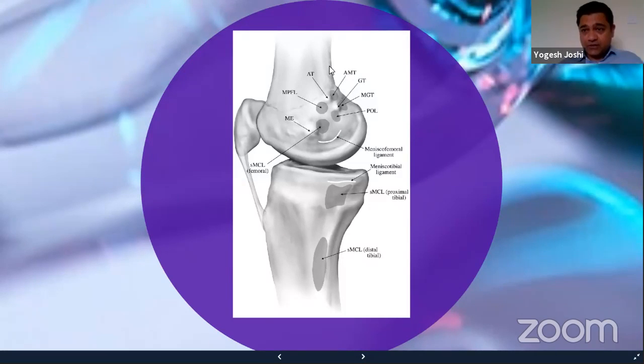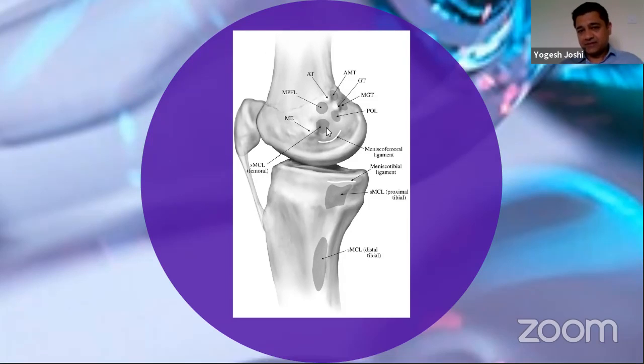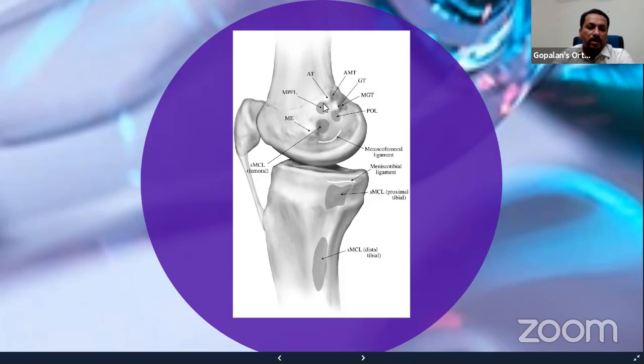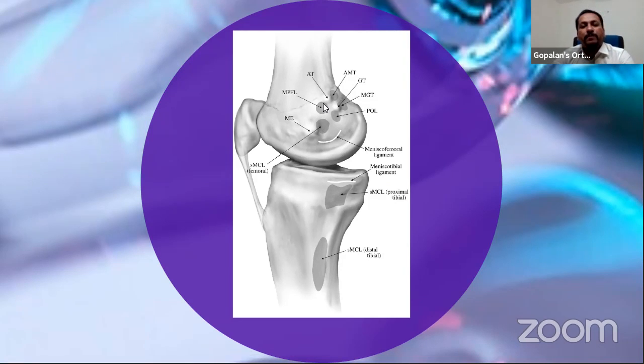Where the line through the posterior border of the femur intersects the Blumensaat line, that's where the attachment of the superficial MCL is. Okay, because the MPFL attachment is more proximal to that. So in an easier way, can we say that the MPFL is at the top of the posterior-most part of the posterior condyle, in line with that?